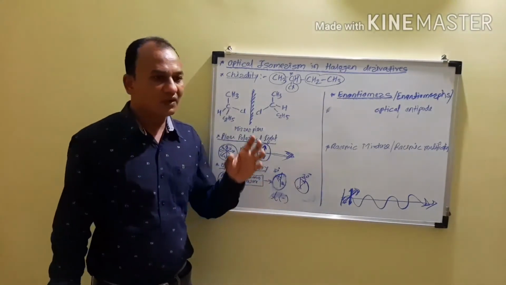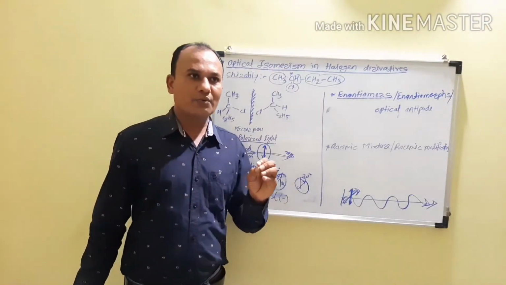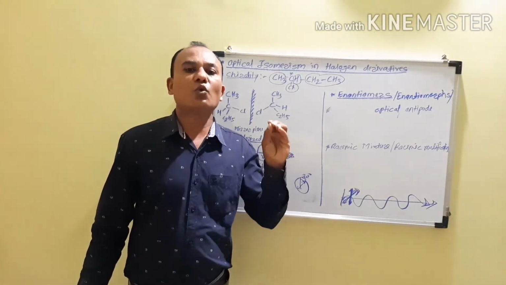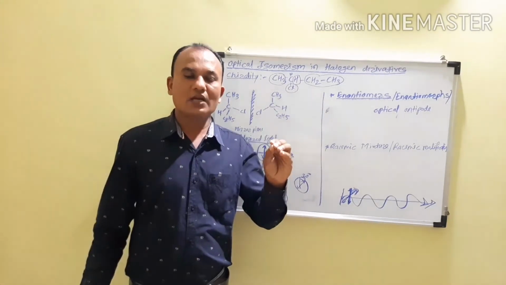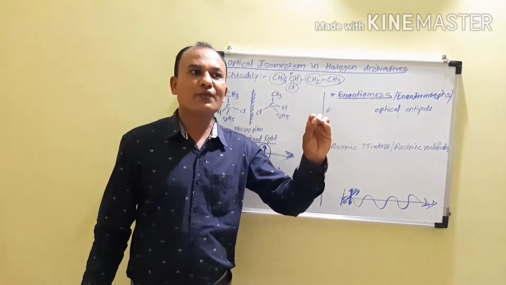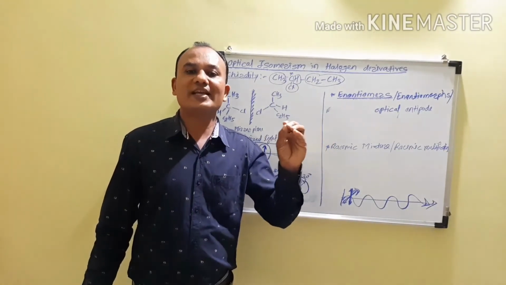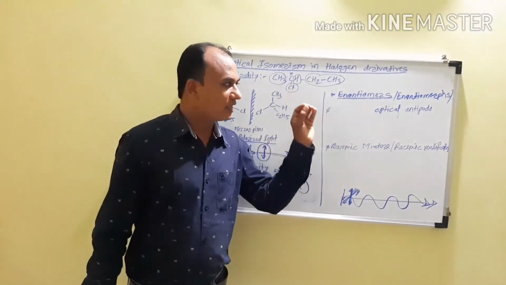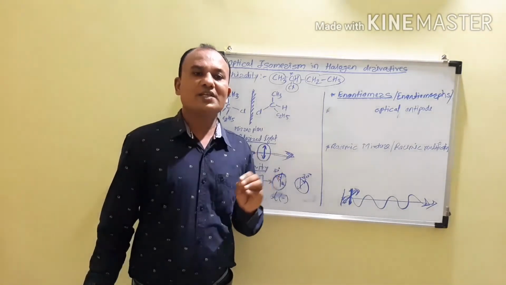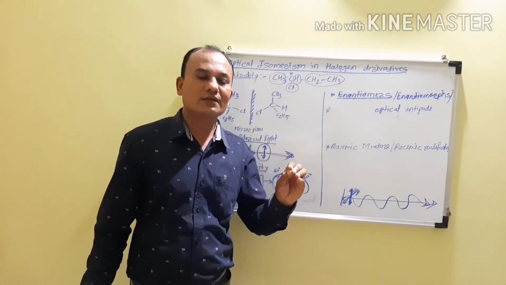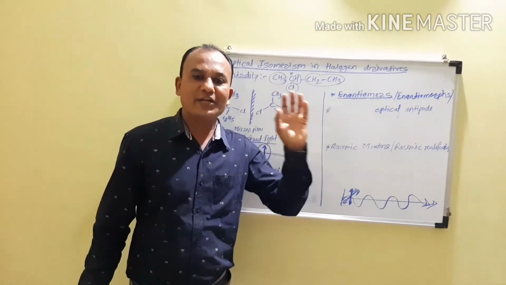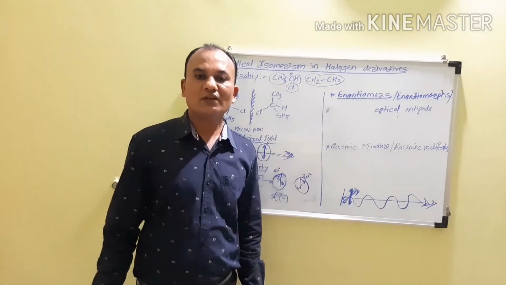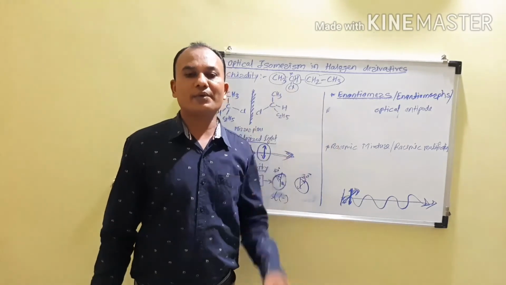Now when we are considering the chemical properties of enantiomers, they are the same when we are using an optically inactive reagent. But towards an optically active reagent, they have different products or different chemical properties.